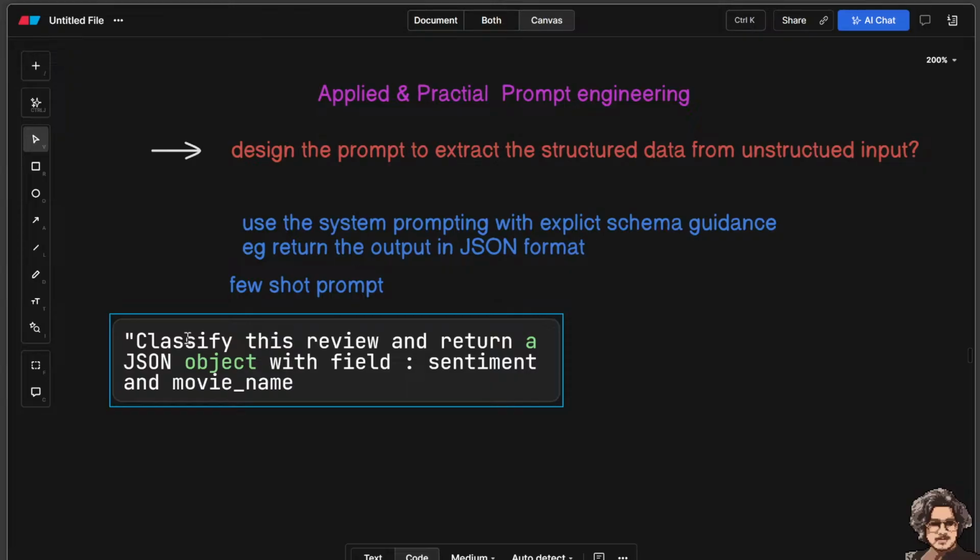So this is: classify this review and return a JSON object with the fields sentiment and movie name. This will return these values in the structured format.